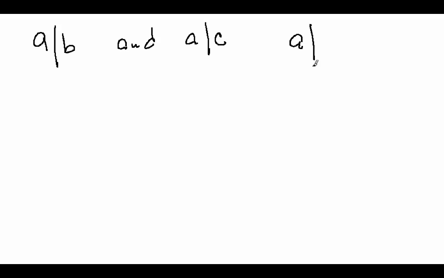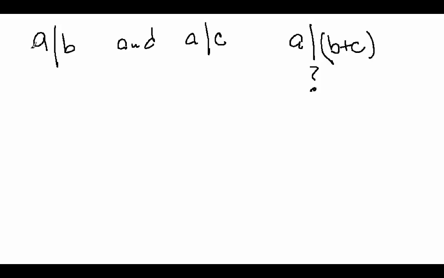Okay, with that definition of divisibility in mind, we can actually prove a couple of interesting facts here. So let me pose it as a question. Suppose I were to tell you that a divides b and a also divides c. What can we say about a dividing, and I'll put a question mark here, b plus c?